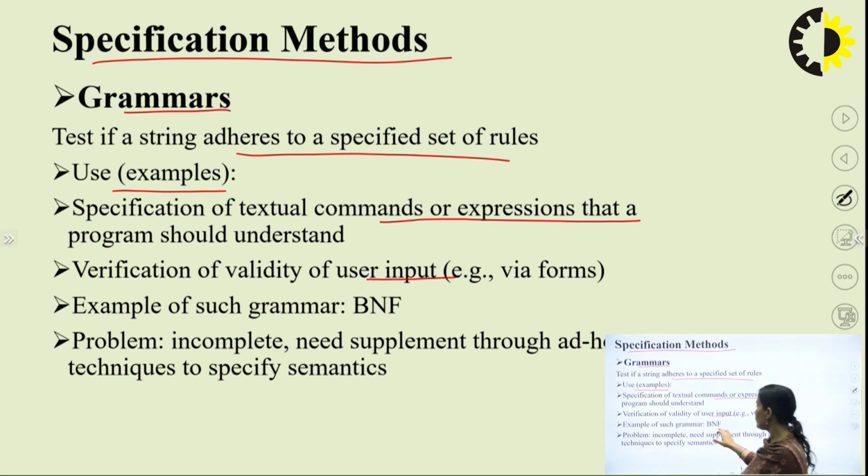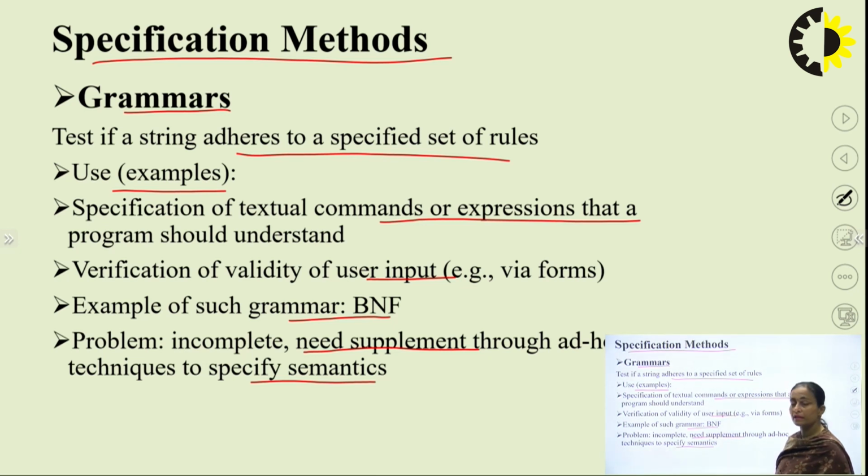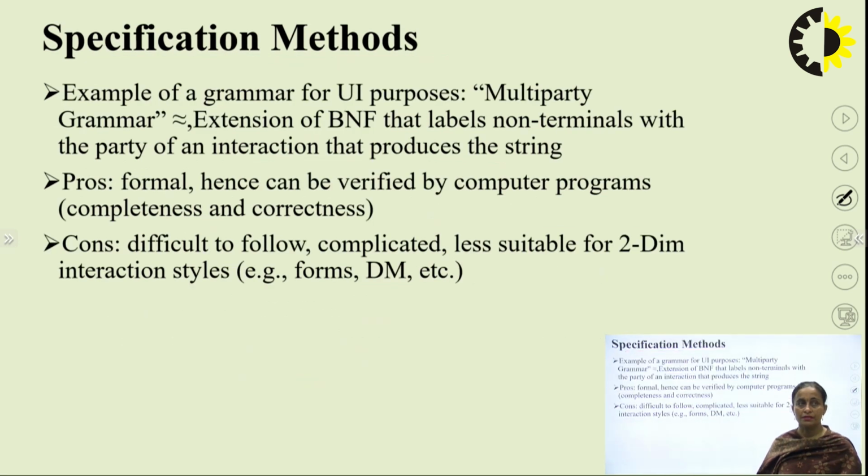Examples of such grammars are BNF, and the problem is they are incomplete. They need to be supplemented through ad hoc techniques to specify the semantics. In this way we define the grammars first so that we can standardize the specification methods.